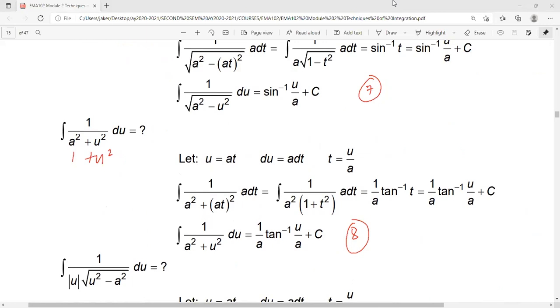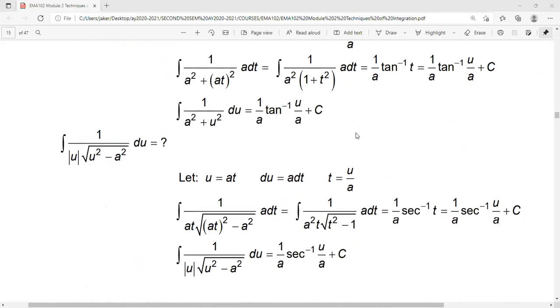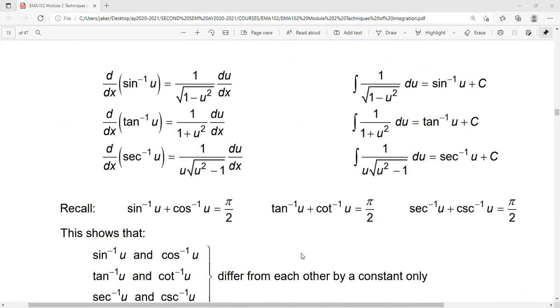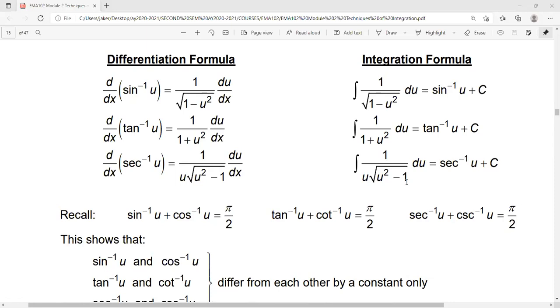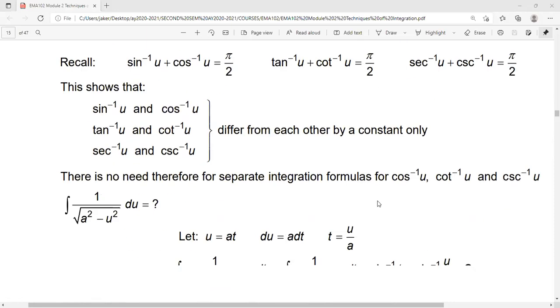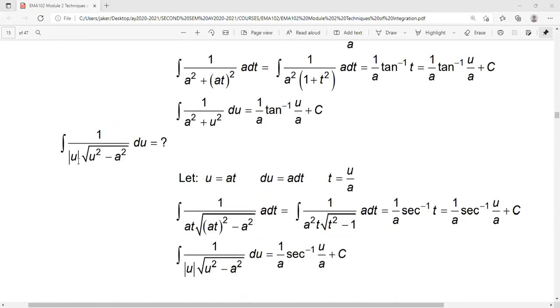If we have a modification for the first two, we also have a modification for the last. So the last one, you have 1 over the square root of u squared minus a squared. In our original formula, it's u squared minus 1. Okay? And this one indicates that we are concerned only with the absolute value of the u.